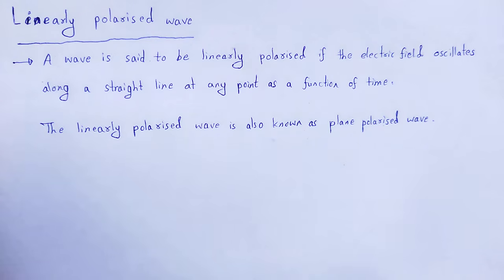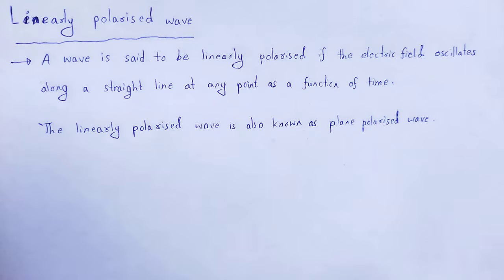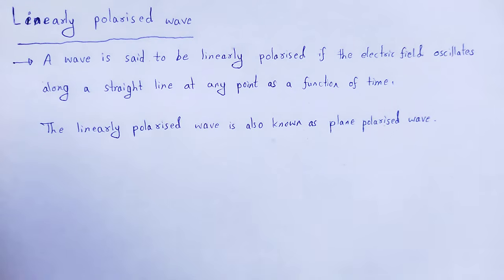By taking that nature, the polarized electromagnetic wave is further classified as linearly polarized, circularly polarized or elliptically polarized. Here we discuss one by one the nature of each particular polarized wave. Let us come to that topic.